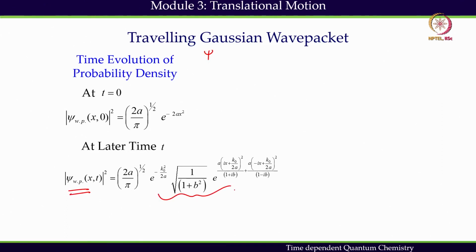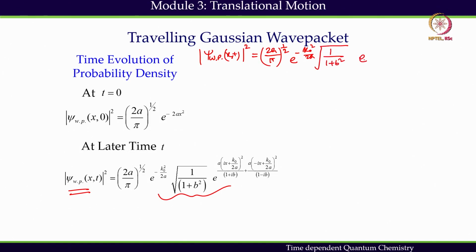We have simplified this part, and we get this psi Wavepacket x t equals 2a by pi to the power half, then e to the power minus k naught square by 2a, then square root of 1 by 1 plus b square.